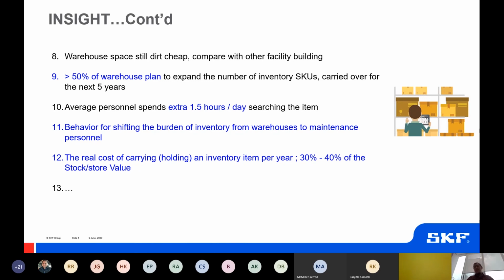So this is a problem. On one hand, the warehouse inventory level is still low, but the maintenance spares build up in the maintenance department. But the problem is usually that goods are recorded under one work order.